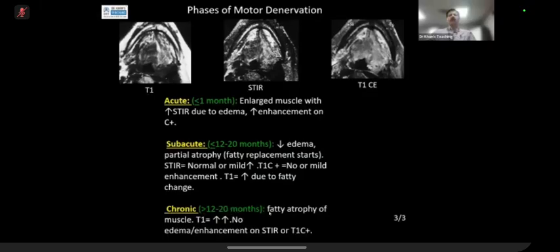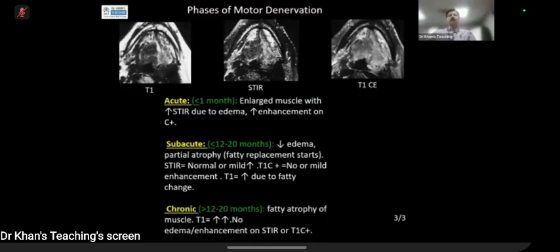In chronic, there will be fatty atrophy, which will be high signal on T1. There will be no enhancement or no edema. But in acute, there will be enhancement and edema. Subacute will be somewhere in between. So our case is somewhere in between.